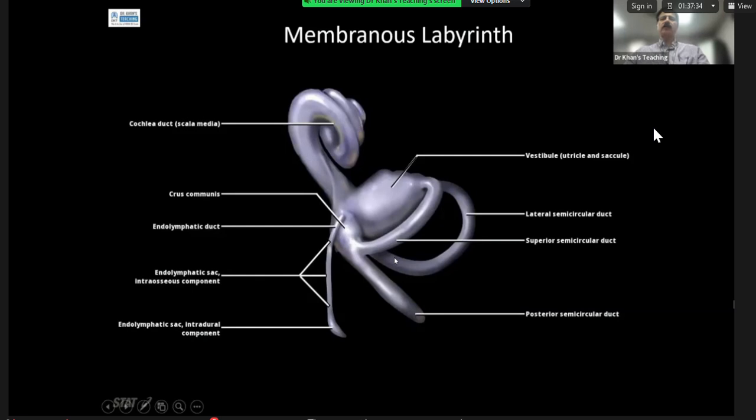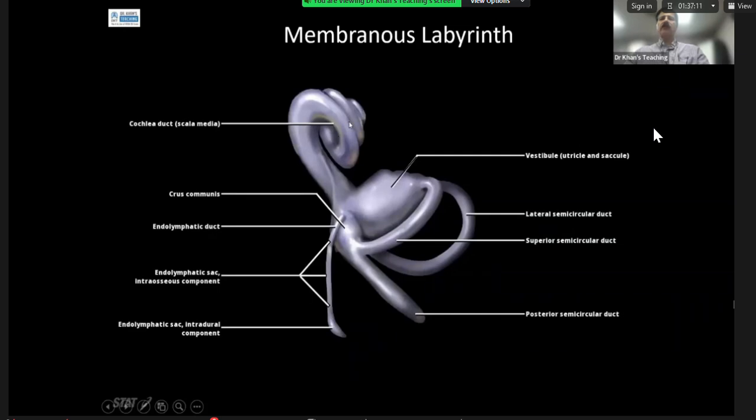Some of the names are common. So for example, cochlea and vestibule. So there will be a bony labyrinth or an exoskeleton and an internal skeleton which has got fluid. So the fluid will be well seen on MR and the bony component will be well seen on CT scan. So this is cochlea.